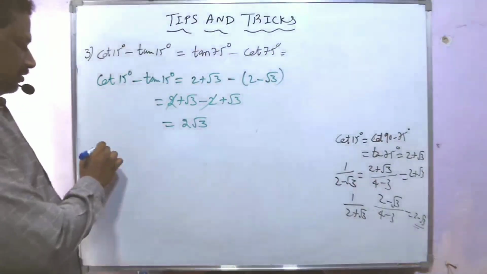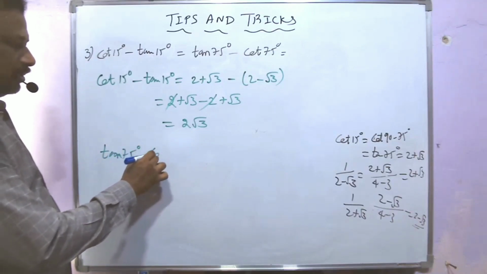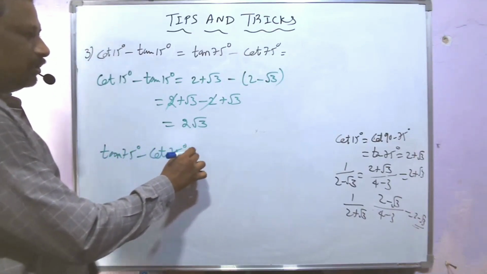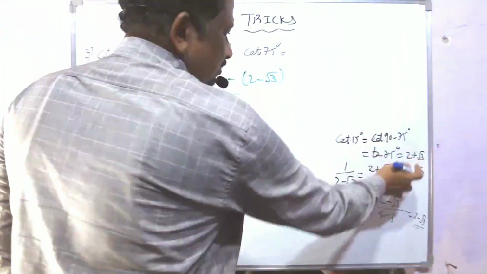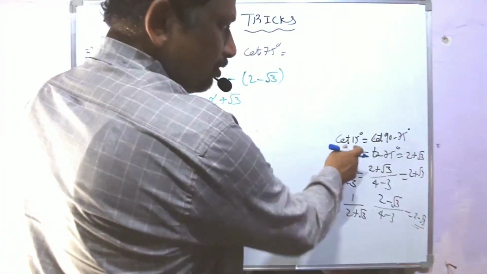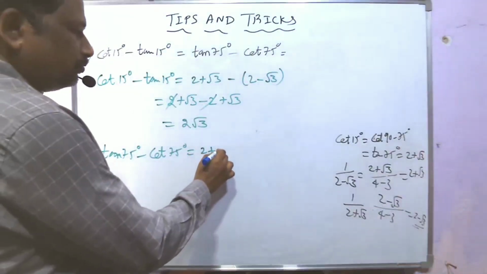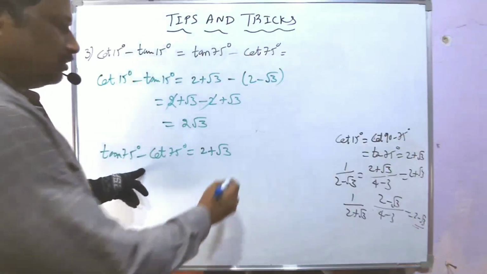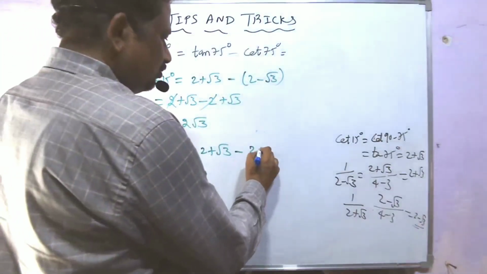Next, tan 75 degrees minus cot 75 degrees. What is tan 75 degrees? Tan 75 degrees is 2 plus root 3, minus cot 75, which is 2 minus root 3.